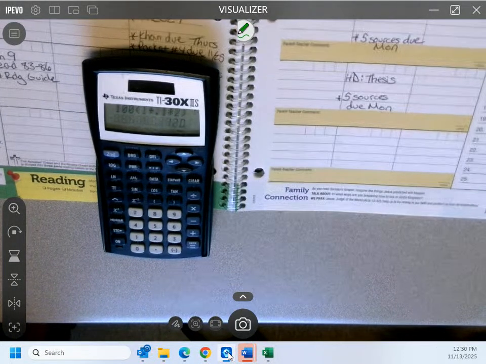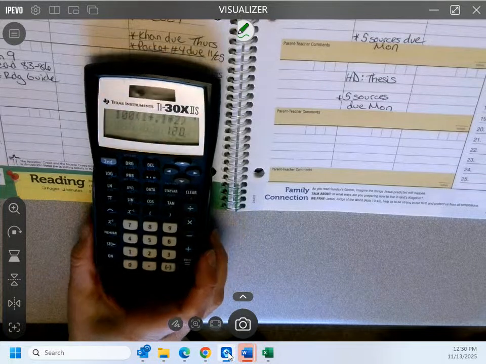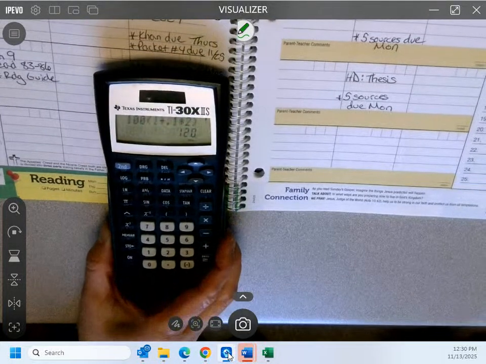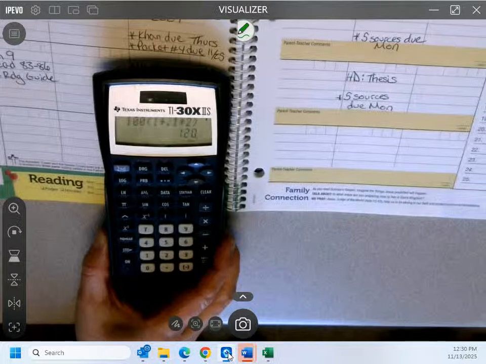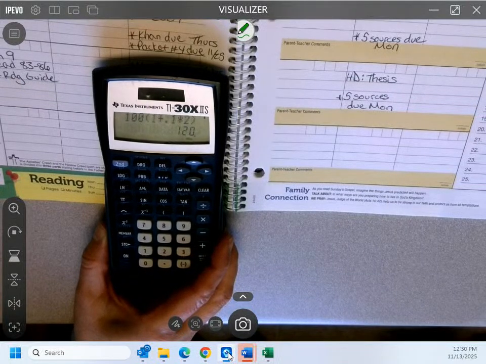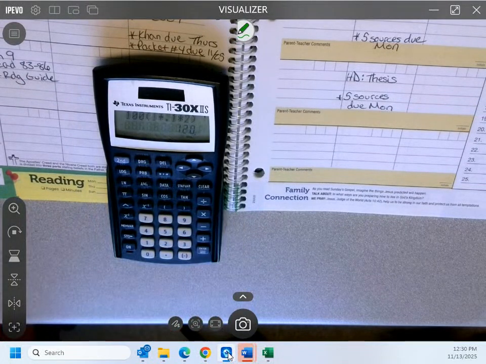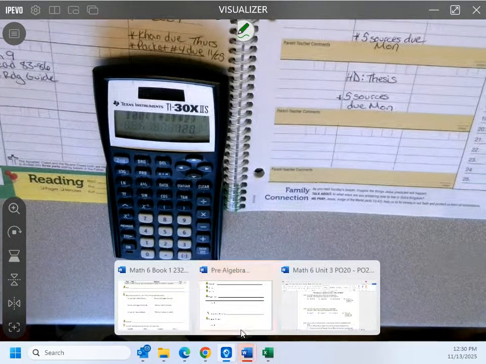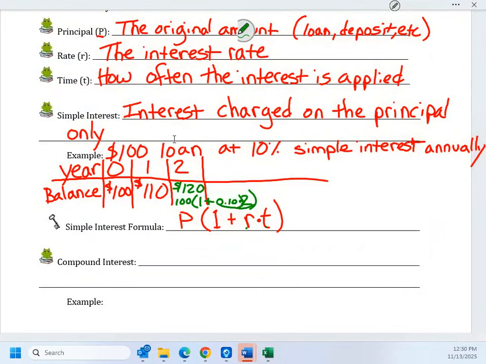Joe? Since we're doing year 2 here, would it still be multiplied times 100 or would it be 110? So what is the P? The principal. The principal amount. So remember that principal amount is that original $100. So you always start with the original. That was a good question.